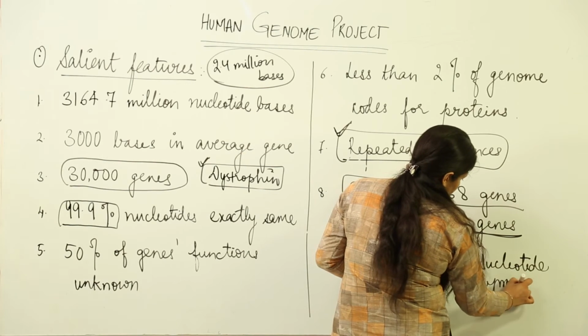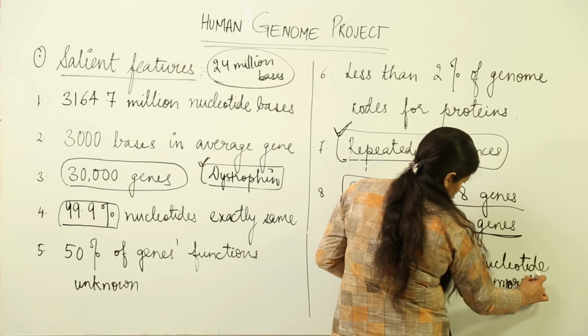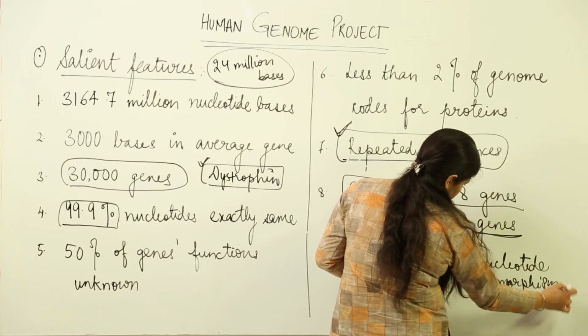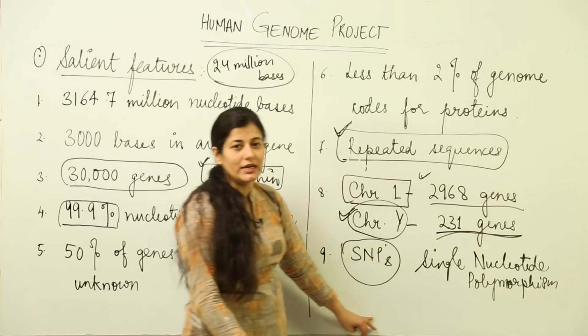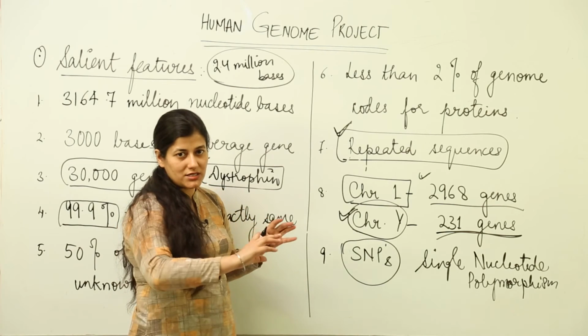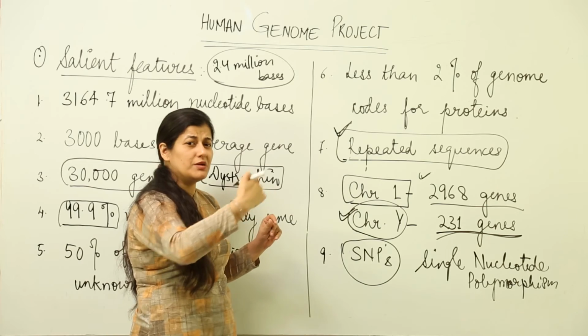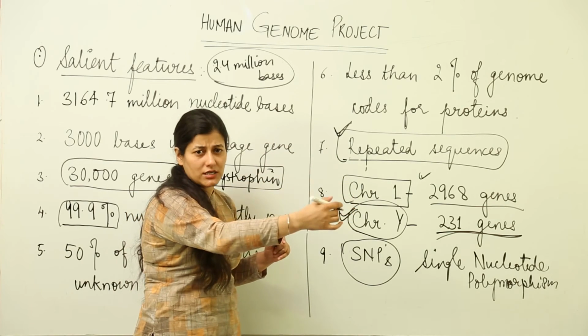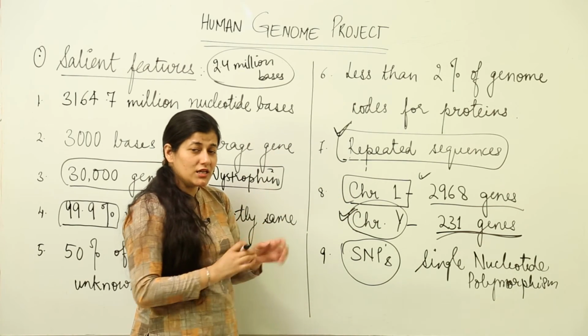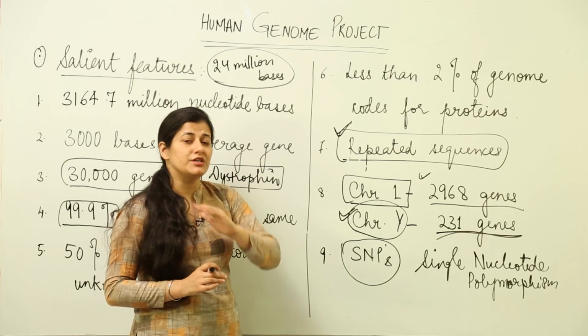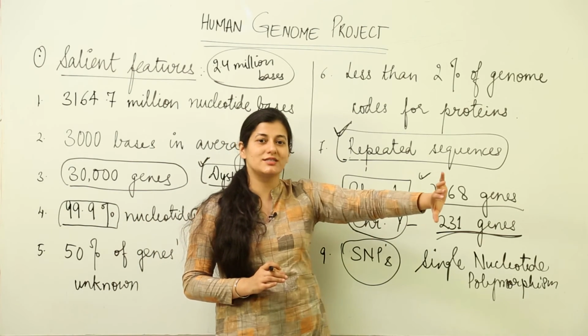Now, what do you understand from this term? Do you get an idea? Only a single base pair in the repeated sequences would differ. Like you have a repeated sequence that is repeating as many as 10,000 times or more than that. There is only one nucleotide which is different, the rest of the sequence is similar.